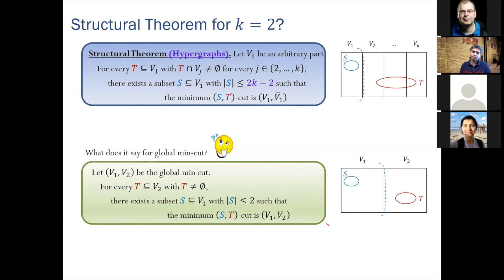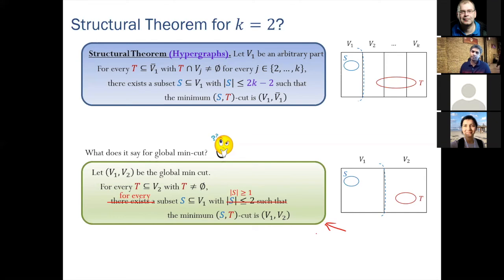Now, if you think about the statement, this is in fact obvious for global min cut. In fact, you can say a slightly stronger statement for global min cut. For every subset T of V2 that is non-empty, and for every subset S of V1 that is non-empty, the minimum ST cut has to be V1, V2, because V1, V2 is the global min cut.